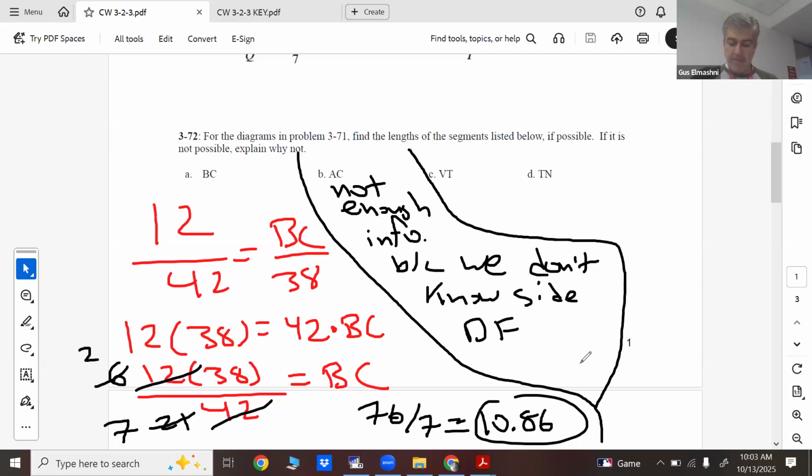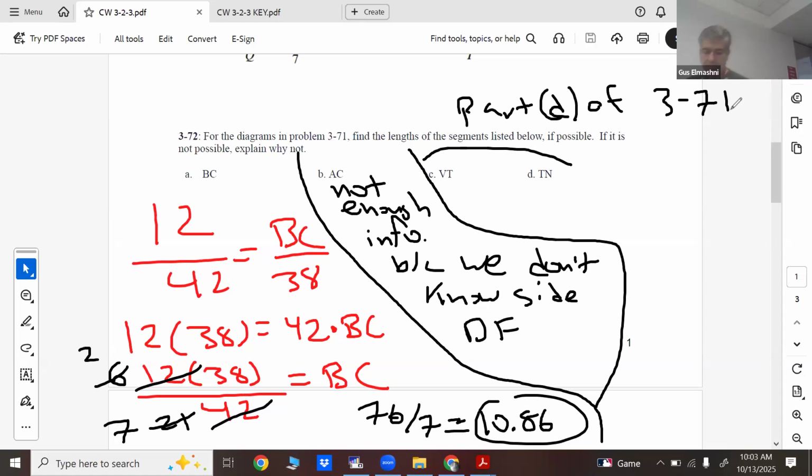But VT and TN can be found. For VT and TN, you're going to use part D of 371. So those, you do have enough information. Figure those out. I'll set it up for you so you know what you're doing.